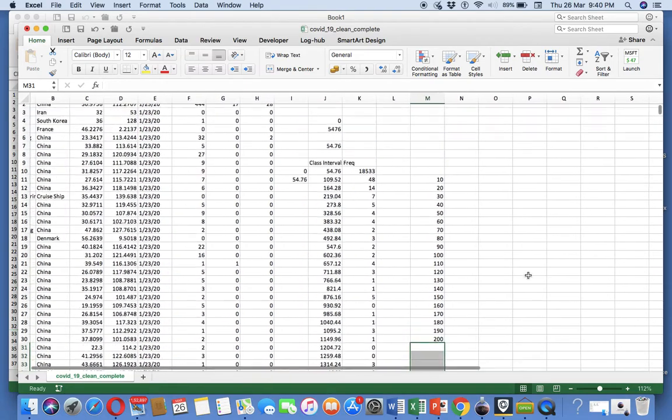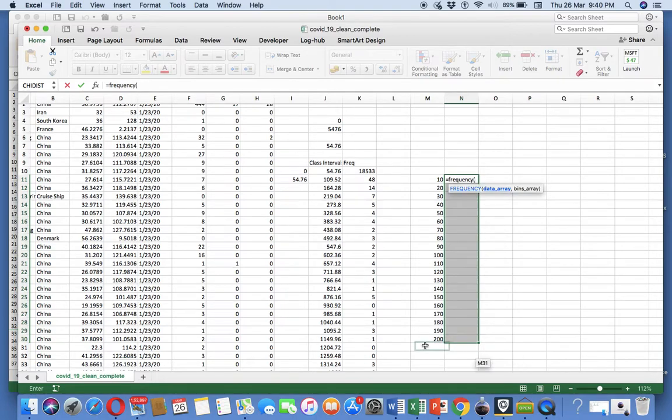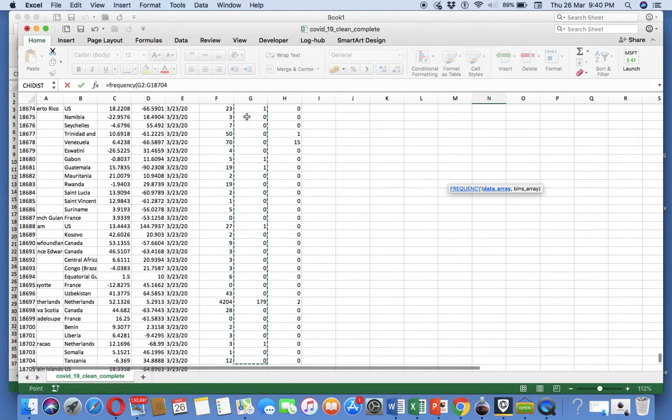So now again, I'm going to fit a distribution. So equal to frequency. So I'm now going to take the data, which is deaths, comma.